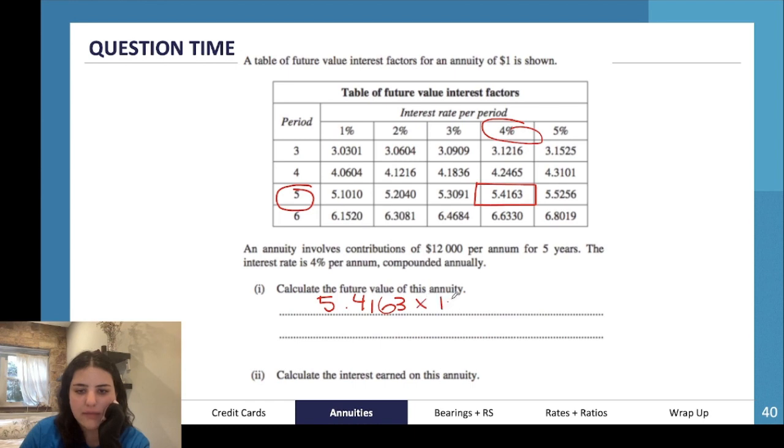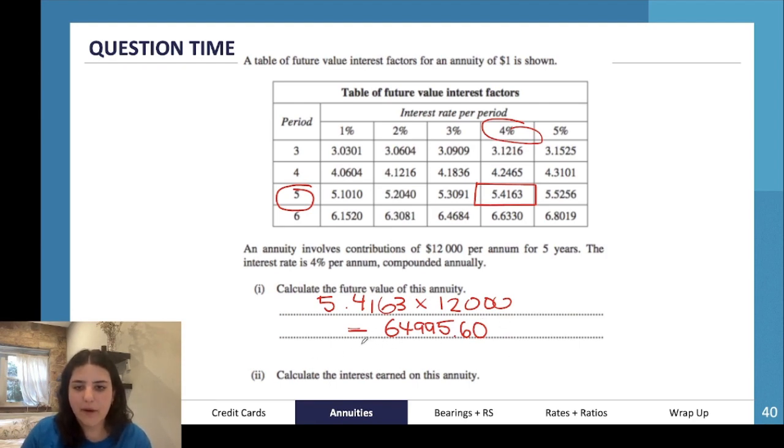And we're going to times that by 12,000. So 5.4163 times 12,000. And that gives us an answer of $64,995.60.